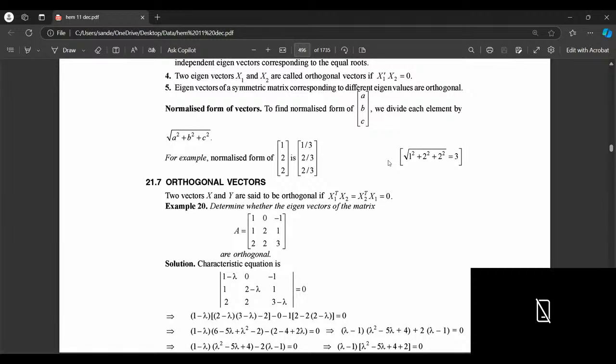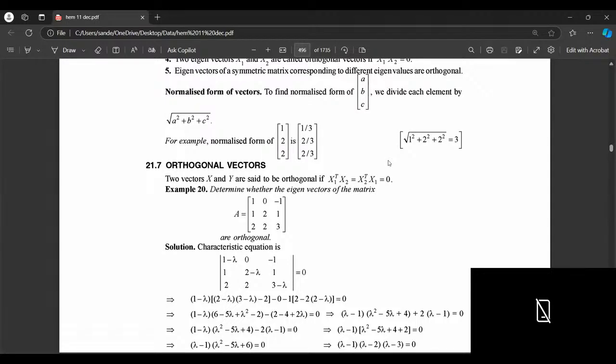So as we discussed yesterday, for a given matrix, you write let A equal to this matrix. Then we have to write the characteristic equation: determinant of A minus lambda I equal to 0.